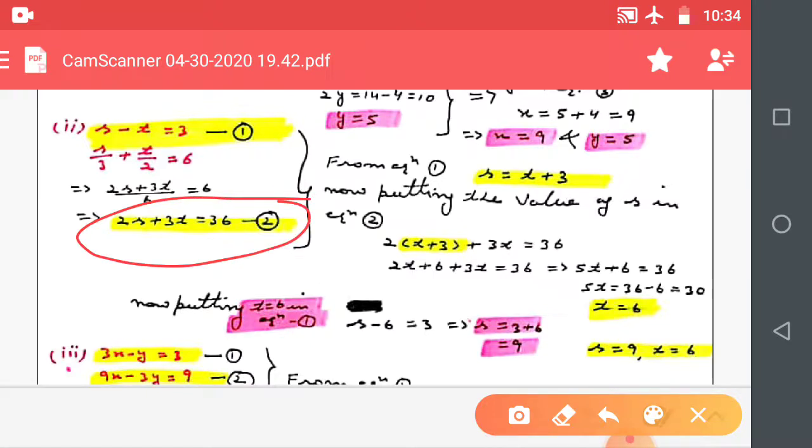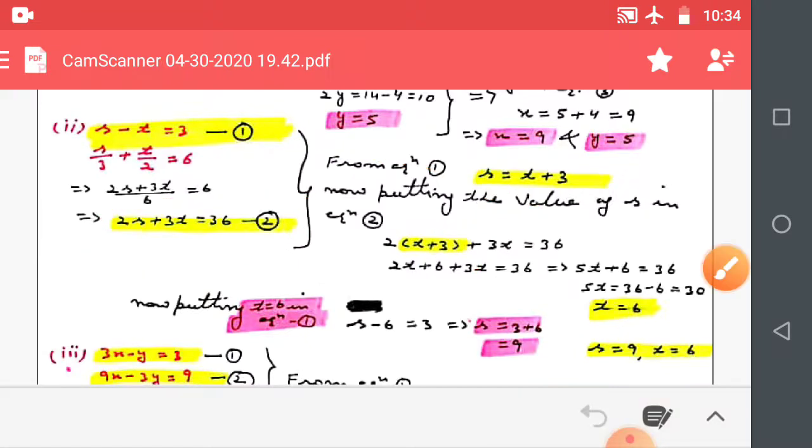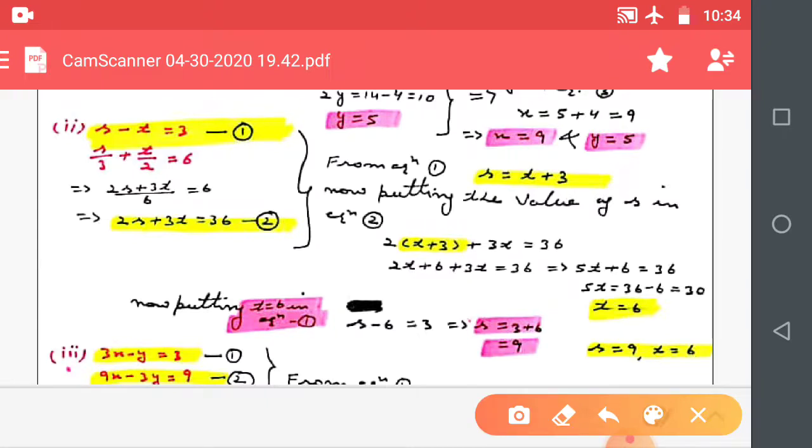Now from equation 1 the value of s is t + 3. We put this value of s here in equation 2. Instead of s we write t + 3, so 2(t + 3) + 3t = 36. So here 2t + 6 + 3t = 36, and finally the value of t comes 6.